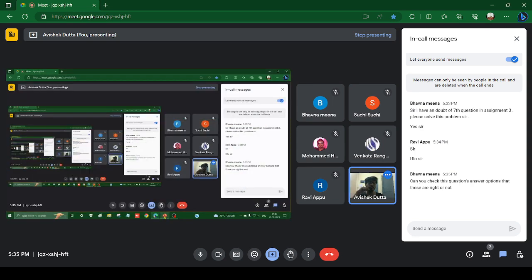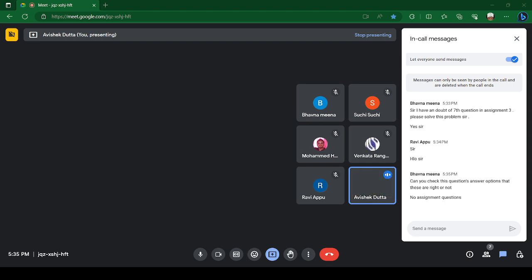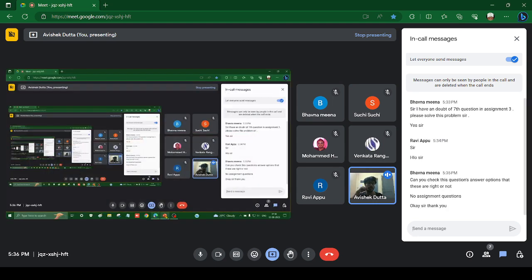Bhavna and Ravi, I am not entitled to do anything with your assignment questions because your assignment questions have been given to you by your course coordinator. I'm sorry, but I am not entitled to solve or discuss anything with the assignment questions. And Ravi, okay, you can ask your query if you have any query in the chat box only.